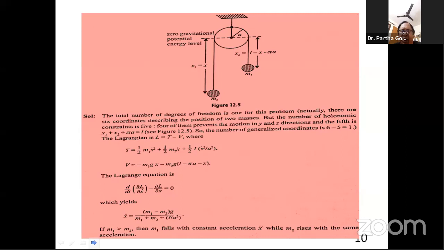Now, how many generalized coordinates do we have? We have, in fact, two masses, so there are 6 generalized coordinates. And how many constraints are there?